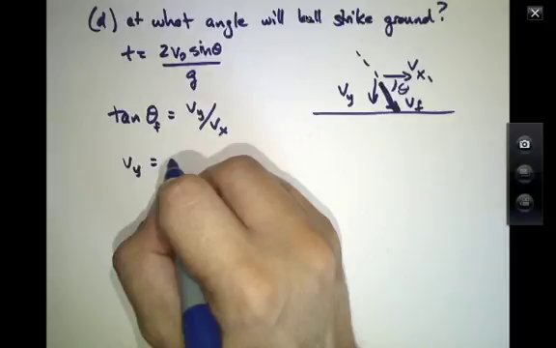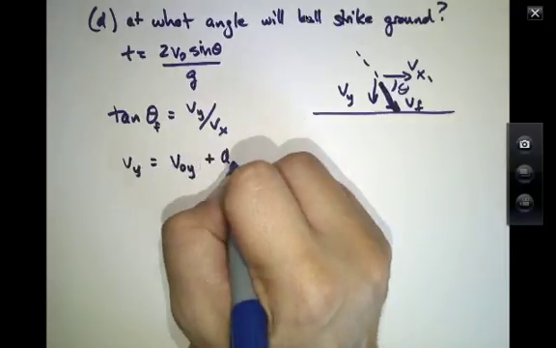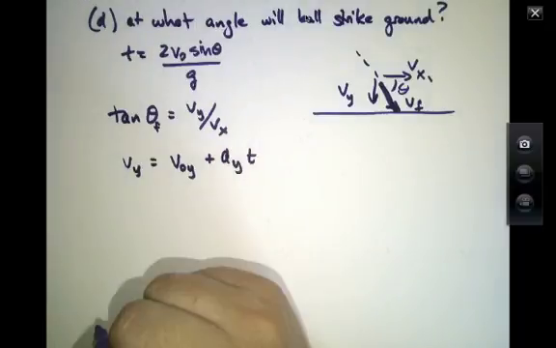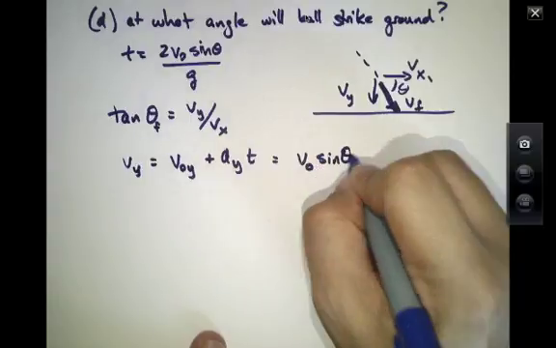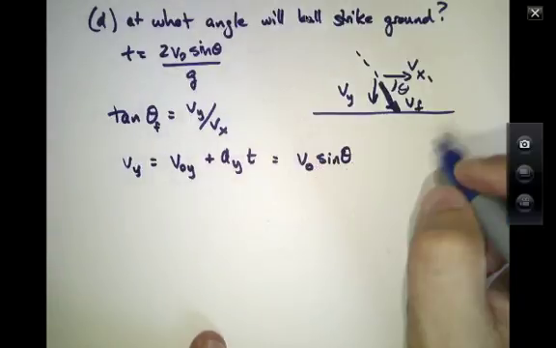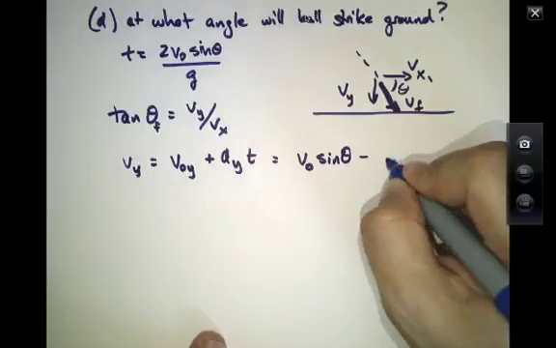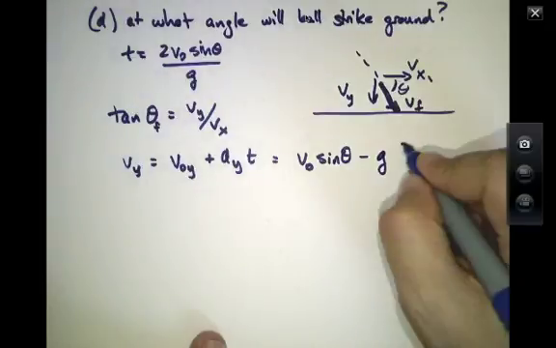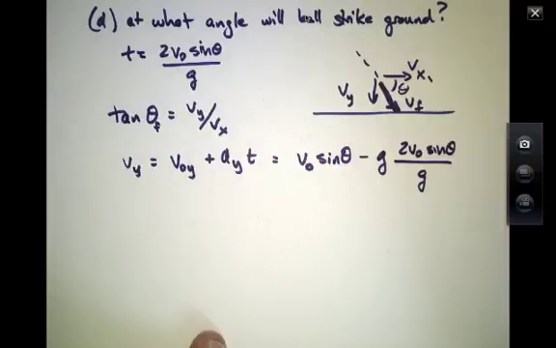Vy is equal to V naught y plus AyT. And in this case, V naught y is V naught sine theta, and AyT, well, the Ay is minus g, and that time is 2 V naught sine theta over g.